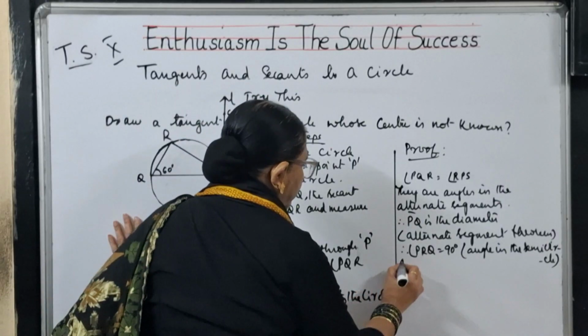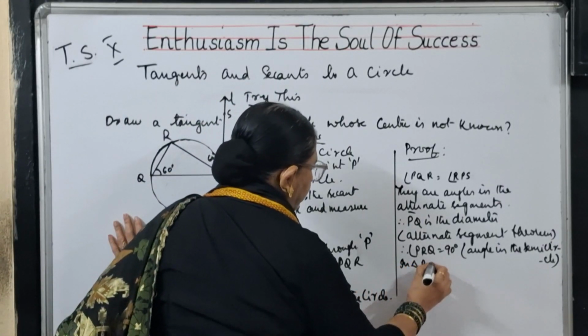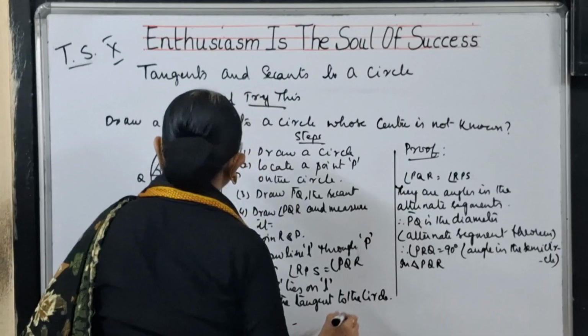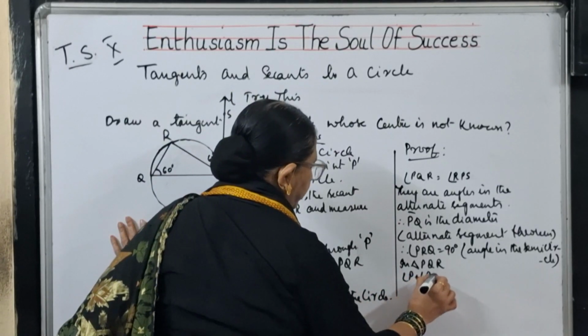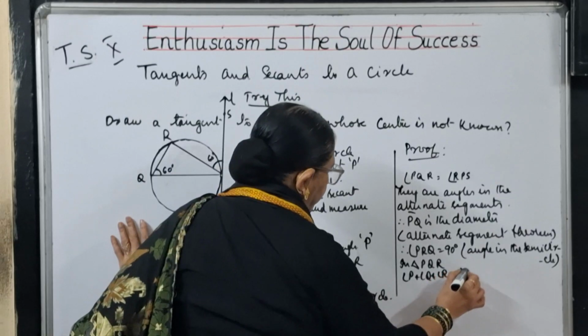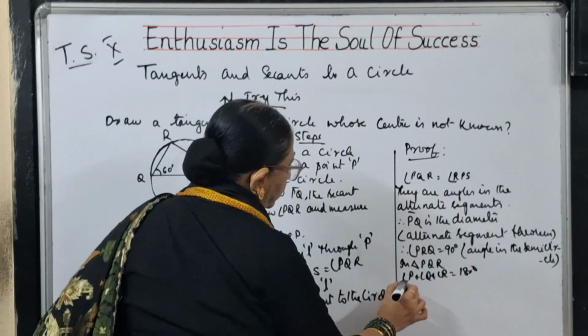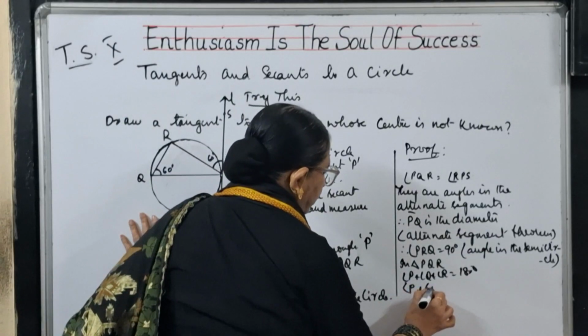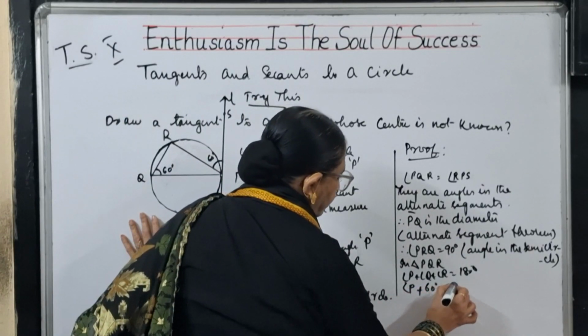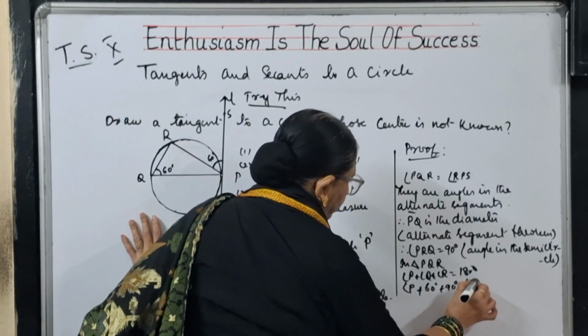So we know that in triangle PQR, angle P plus angle Q plus angle R is equal to 180 degrees. We know angle Q is 60 degrees, plus angle R is 90 degrees.